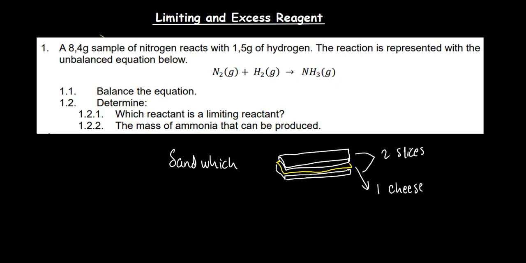So if I want to make a sandwich, I have to look at the available amount of bread. Did you hear that? I have to look at the available amount of bread. So I have two slices that are available, and I need two slices.